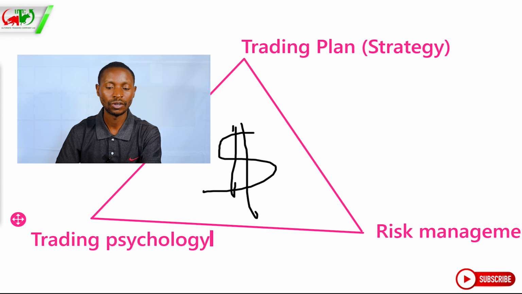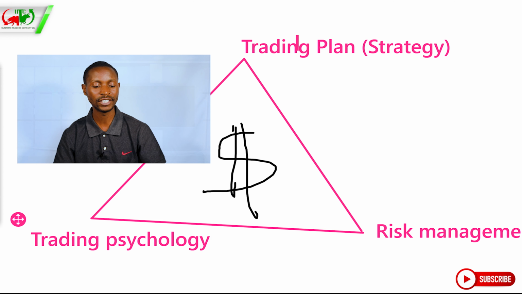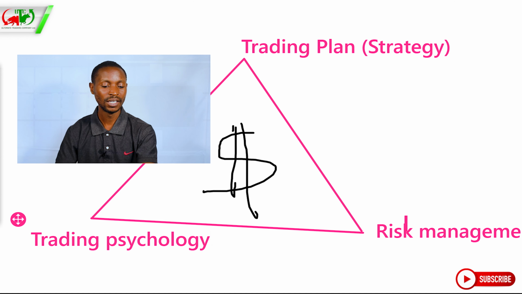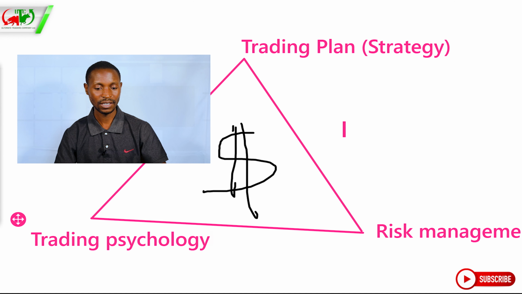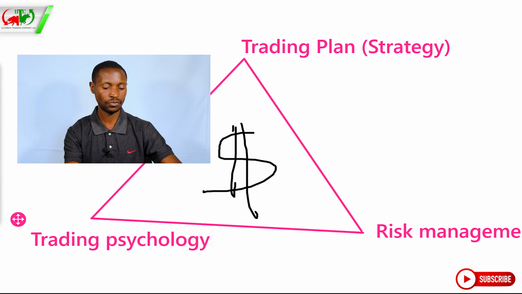After you have all of these three things, you will need good trading psychology to stick to your trading plan and your risk management. And believe me, once you have these three things together, no one and nothing will stop you from making money from forex trading.